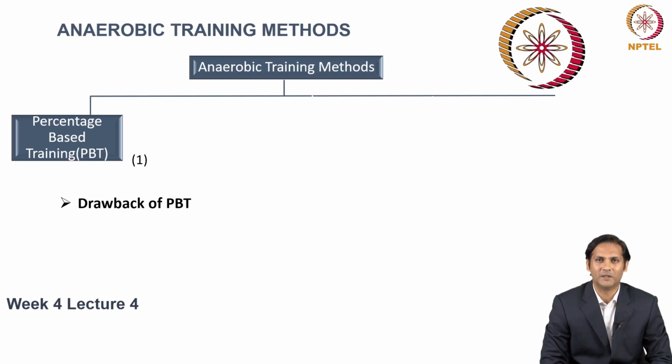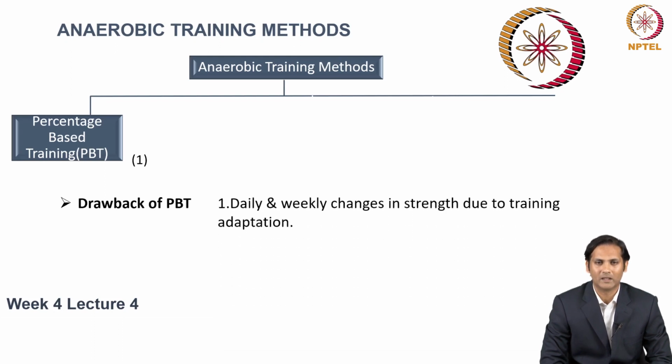However, person-based training has a few drawbacks to understand. One, daily and weekly change in strength due to strength training adaptation. So if you have a baseline of 100 kg for 1 RM for your squat, after 2 weeks you would be able to lift 5 to 10% more as an obvious adaptation and improvement in your muscular strength after completing the strength program.